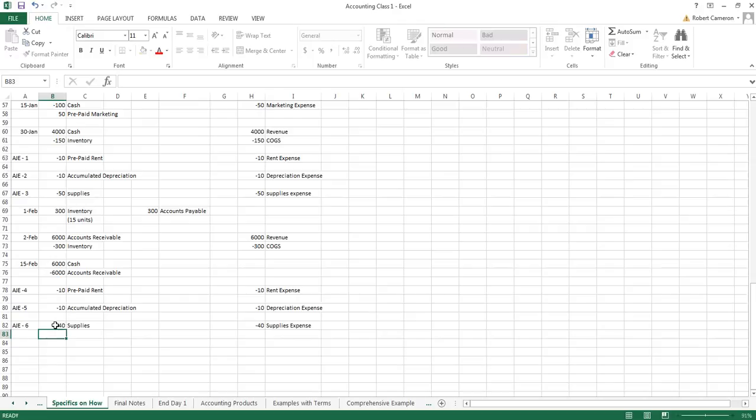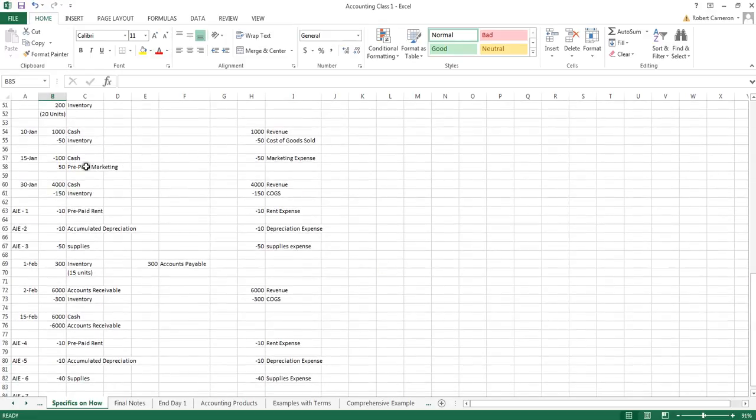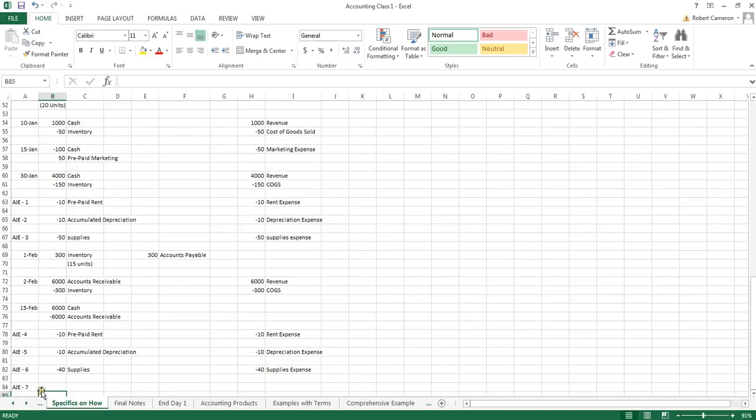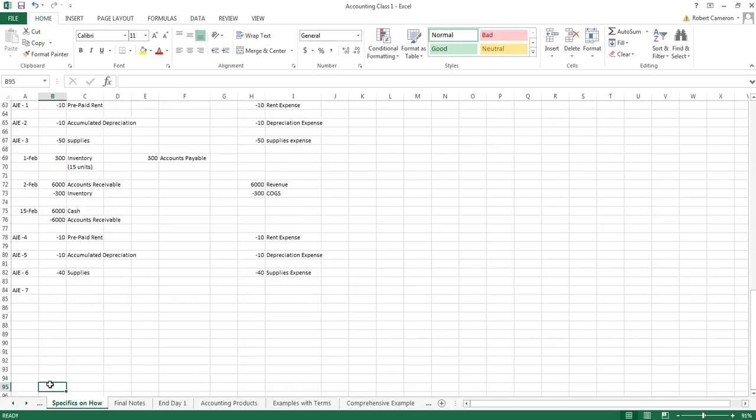Supplies expense. And I don't know if you remember this, but this will give you a good sense of why you always need to be organized. All the way back with prepaid marketing, we said the marketing people would do the marketing for us next month. Well, next month has come and gone, and let's say you checked on them and they did the marketing for us.